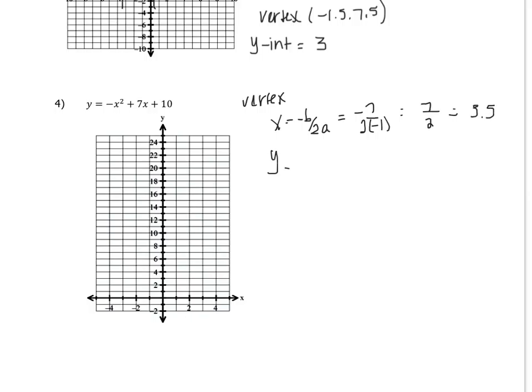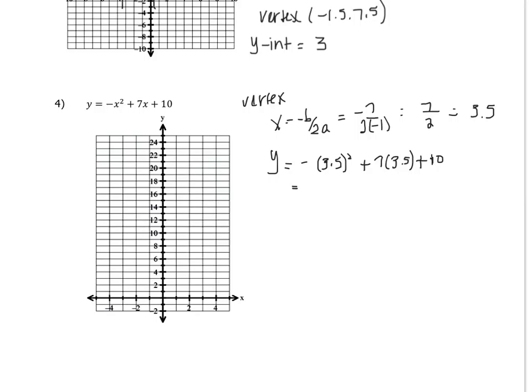So then the y-coordinate would be the negative of 3.5 all squared, plus 7 times 3.5, plus 10.